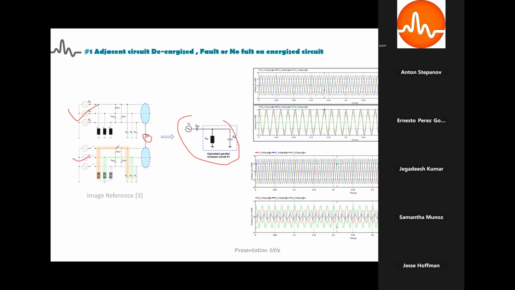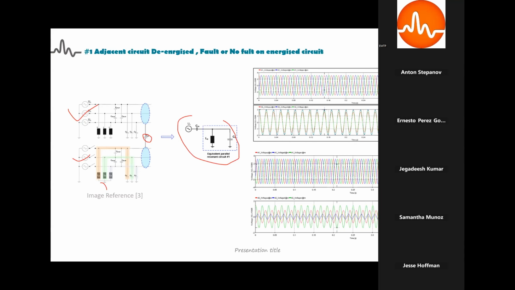Every phase will be coupled to the adjacent circuit and this forms an LC circuit. Now, if there is no NGR, the first figure shows the magnitude of overvoltage without NGR. I think it is around 1.9 megavolt. So a very high induced, or resonant, overvoltage is observed in this case. Whereas if we introduce an NGR here, then it is detuned, and we have a voltage which is much lower.